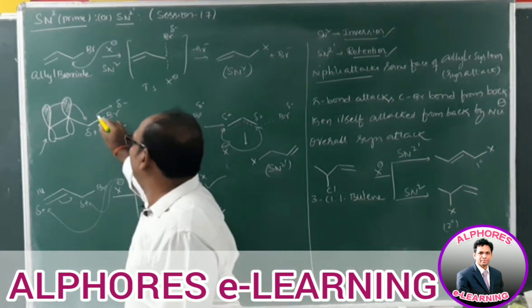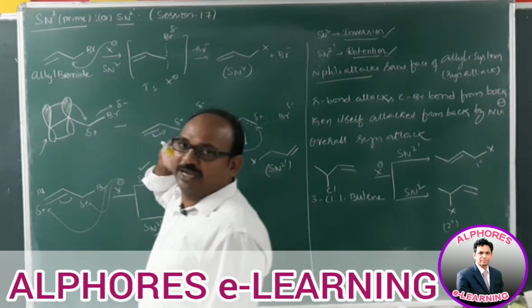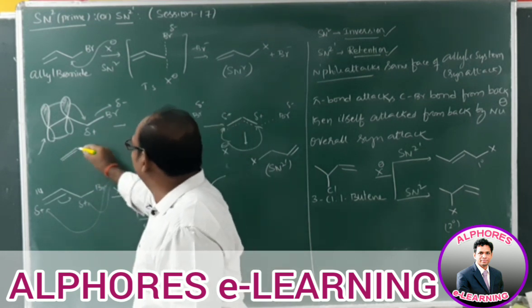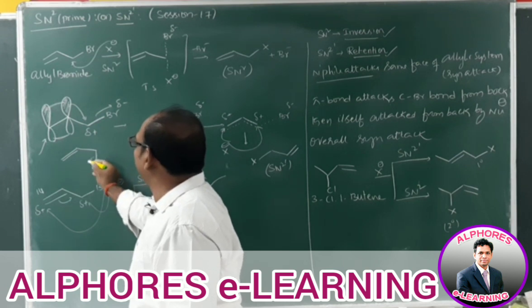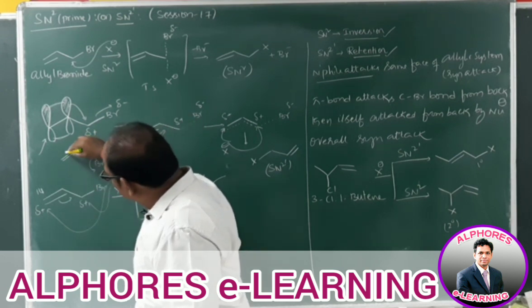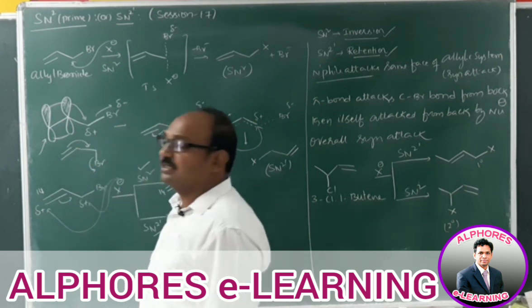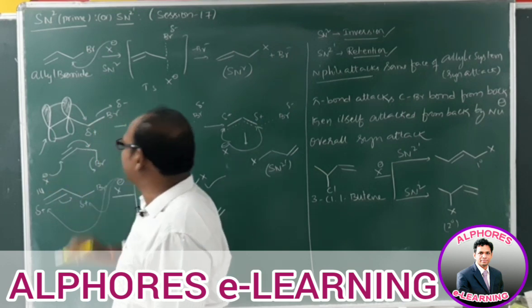Have a look here. When the leaving group departs, pi electrons attack from the rear side. That means here we generally discuss the carbon containing Br. If Br comes out like this, and let us consider this pi bond, these pi electrons are shifted like this and the attacking nucleophile again approaches like this.